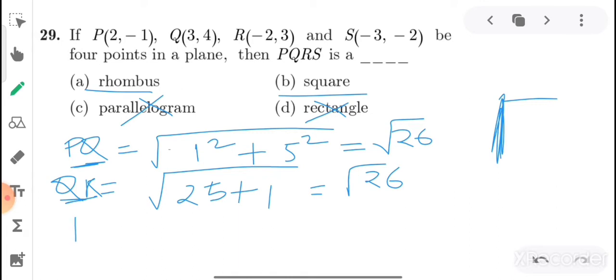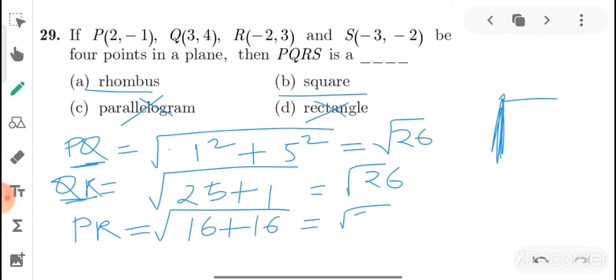We have to calculate the diagonals. PR will be root of (2 plus 2) square, 4 square means 16, plus (minus 1 minus 3) square, that will be 16 also, so it will give root 32 its value.